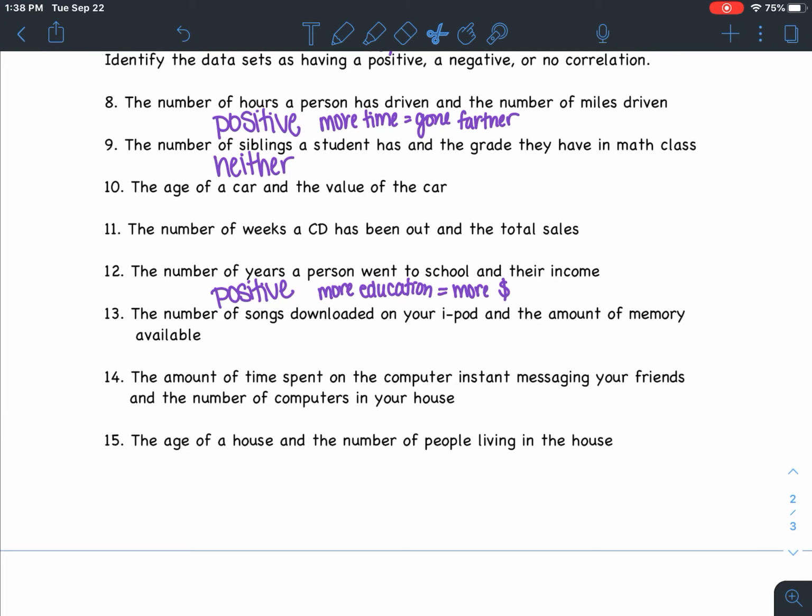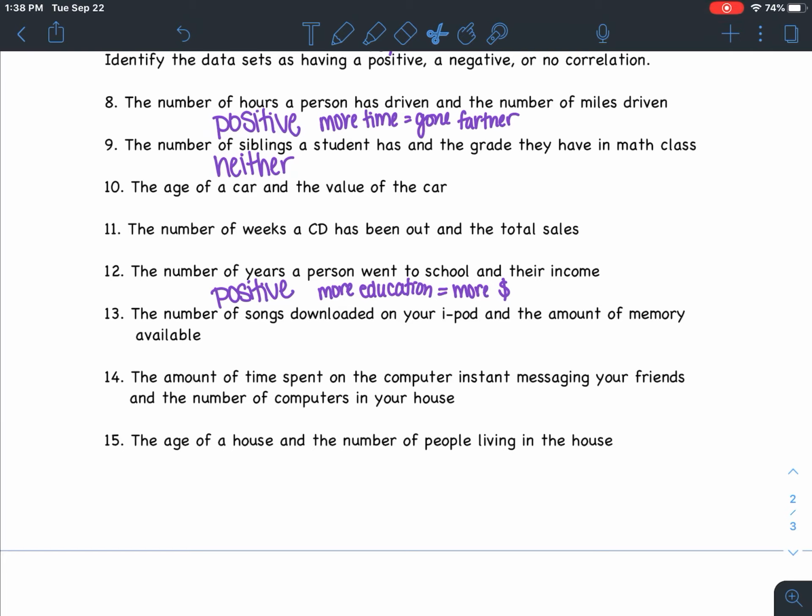If you went to high school, college, grad school, and have your doctorate, and now you're a surgeon, you're usually making some pretty good money there. So typically, the more education you have, the more money you have. And we're not going into just the one-off cases. We're just saying in general.